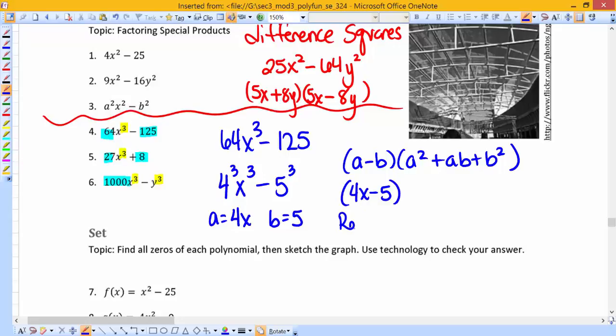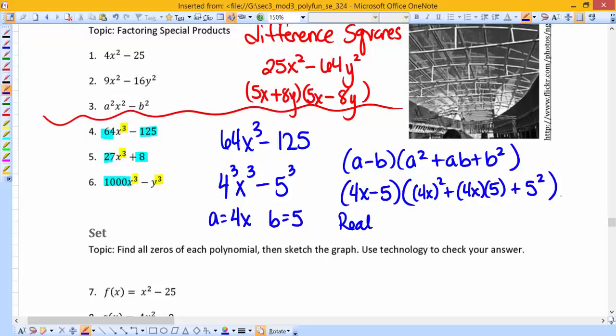This is your real root. That one will actually give me my x-intercept. Then the second factor is a squared. So this becomes 4x squared. Then it's 4x times 5, and then 5 squared.